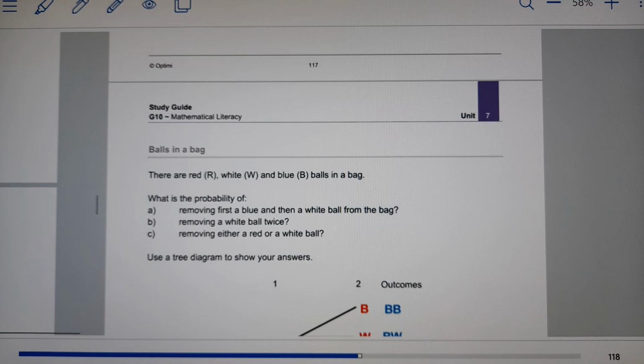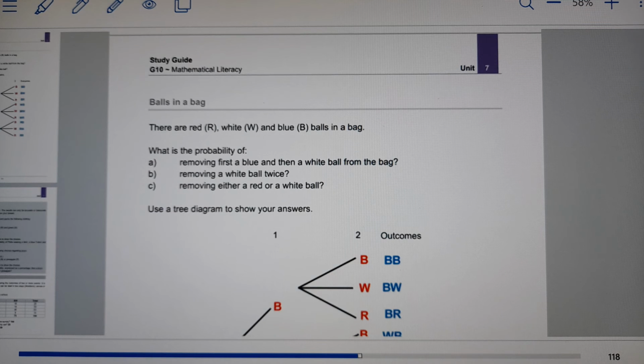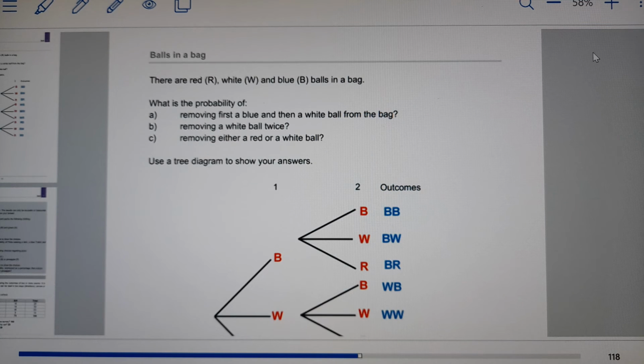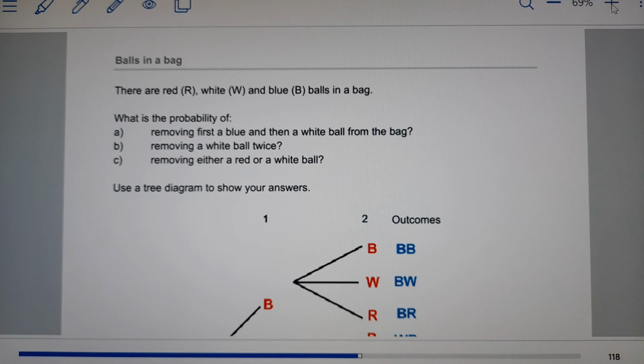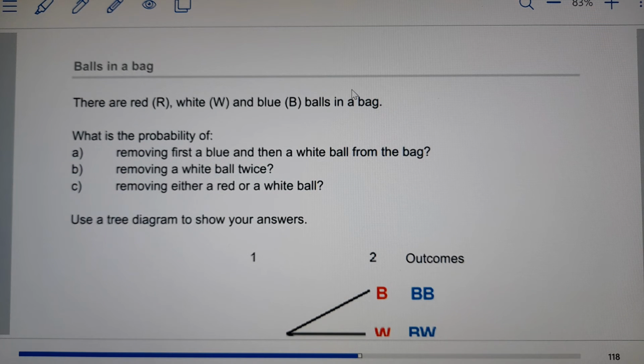Now let's look at a different one where we've got more than one experiment as well. So we have balls in a bag. There are red balls, white balls, and blue balls in the bag. What is the probability of removing a blue ball first and then a white ball?